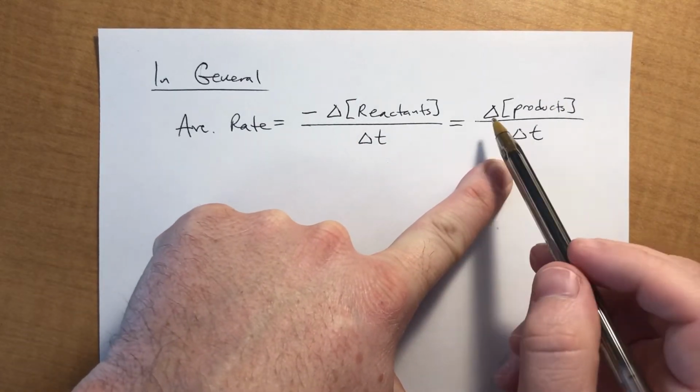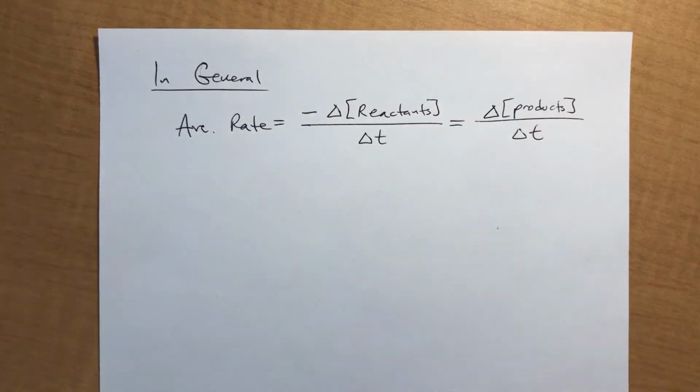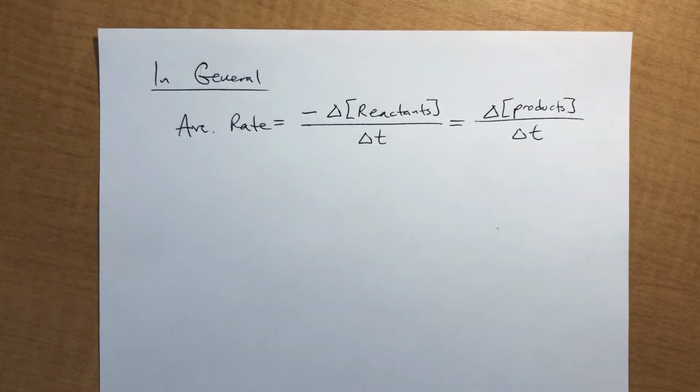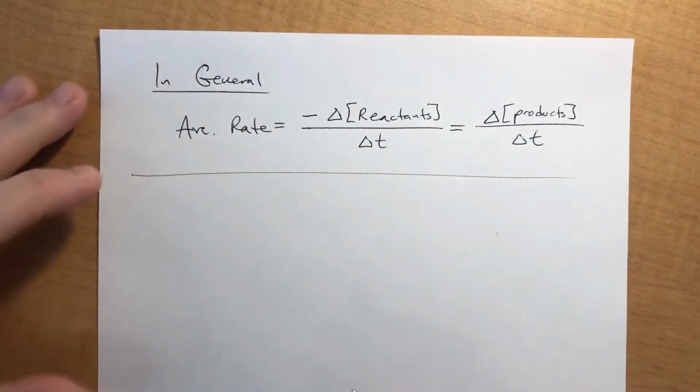The products are forming, so it's going to be positive no matter what. We just need it positive. Either way, you could measure it in terms of reactants or products, but the rate should be the same. Not a huge deal.